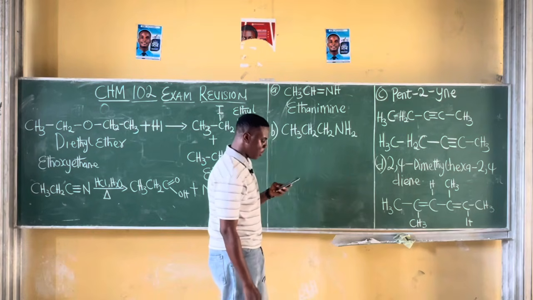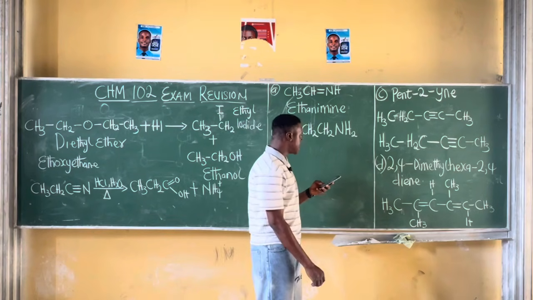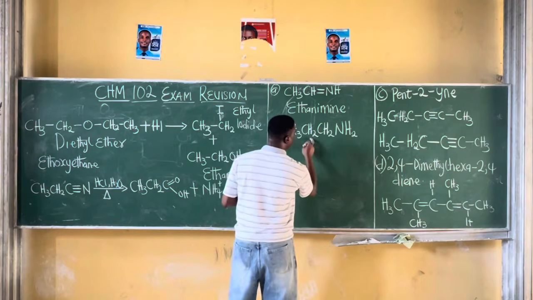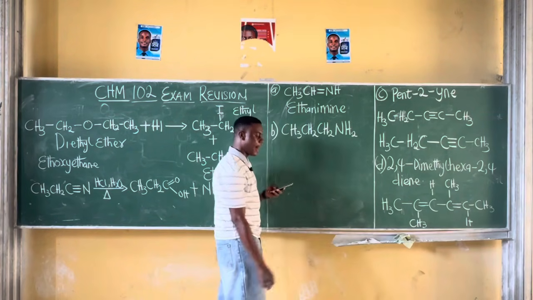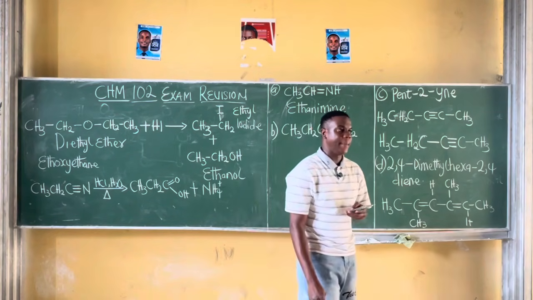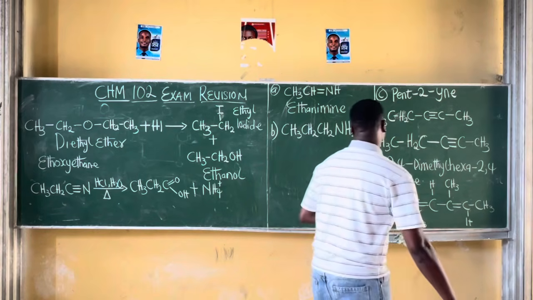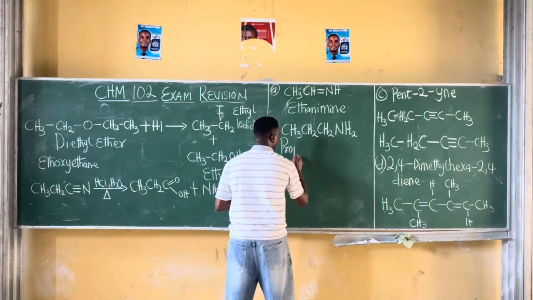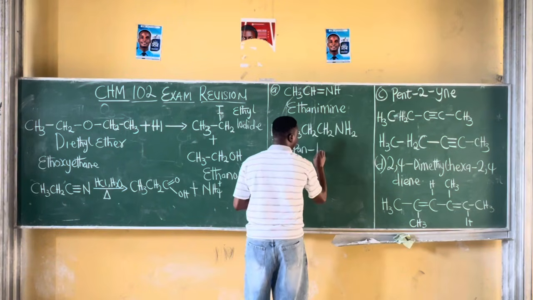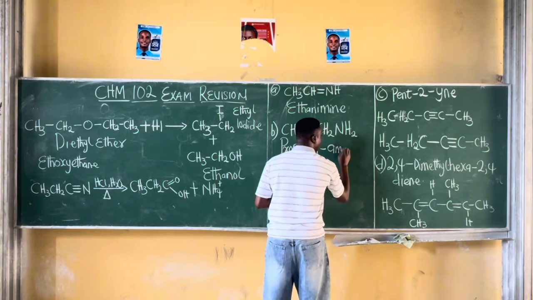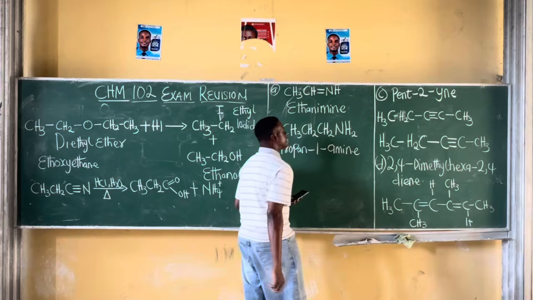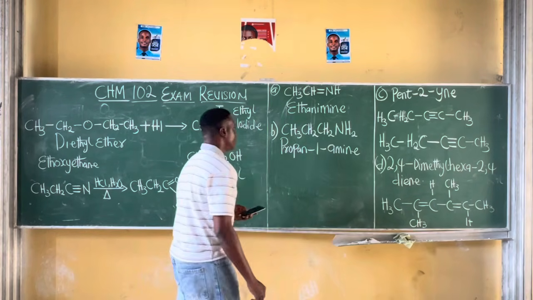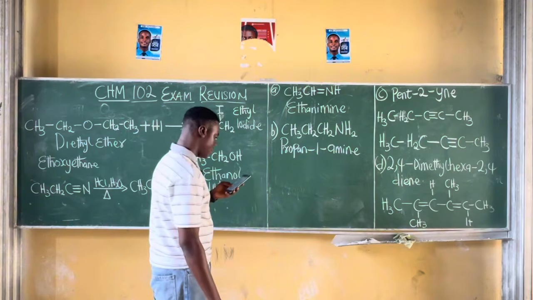So the name of this compound is an amine. How many carbon amine? 1, 2, 3. So this is propan-1-amine. So that is for B.